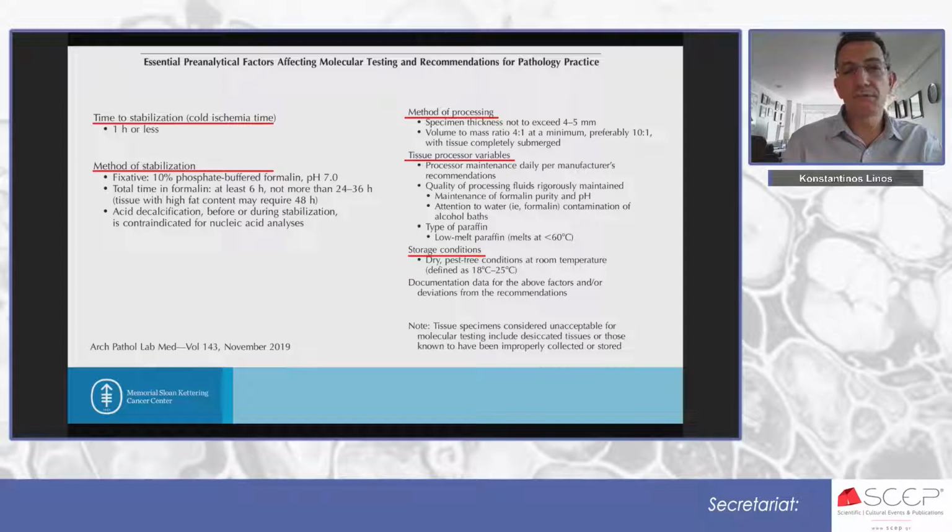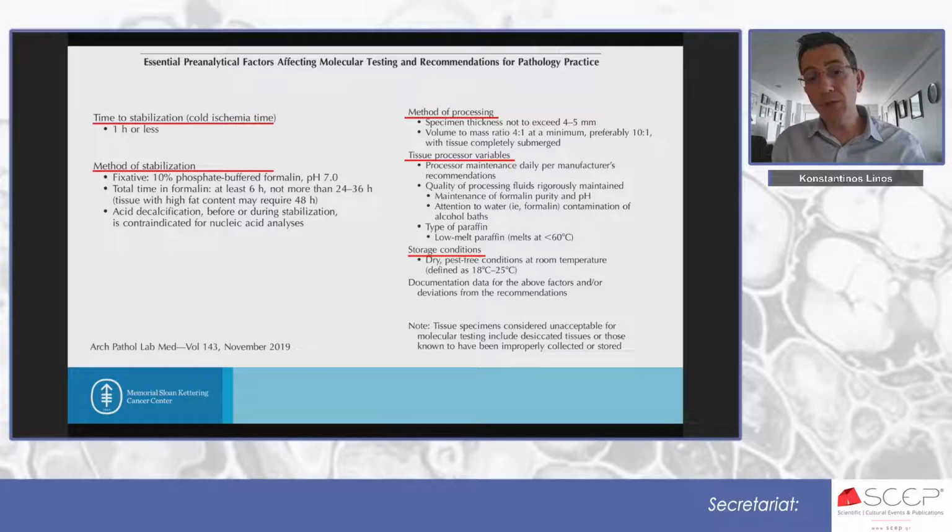What are you using for stabilization? What kind of formalin do you use? What exactly do you use? For how long do you fix a specimen? How do you process a specimen? How much do you cut it so you get adequate fixation? What kind of tissue processor do you use? Do they maintain it daily? Do they have quality assessment controls? How do you store it?